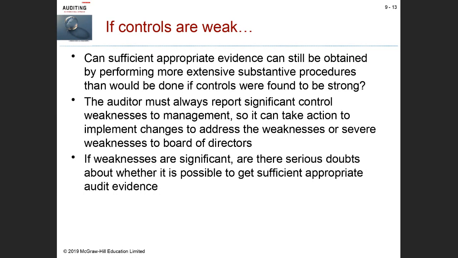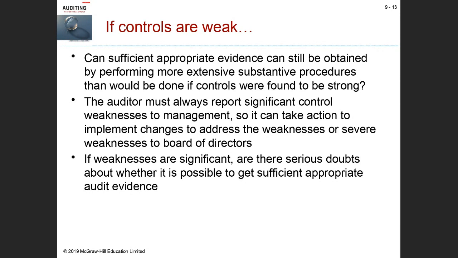If internal control is very weak, the last bullet point here says that if weaknesses in internal control are significant, the auditor must ask themselves, are there serious doubts about whether we can gather sufficient appropriate audit evidence?